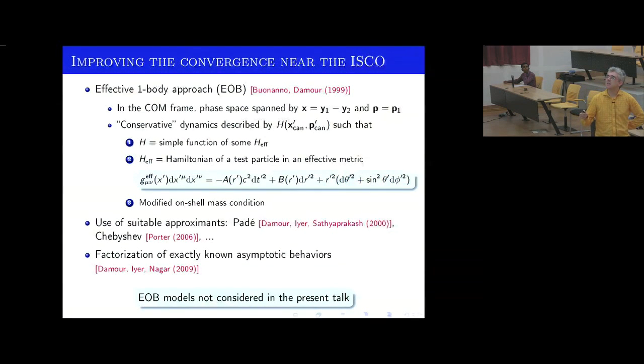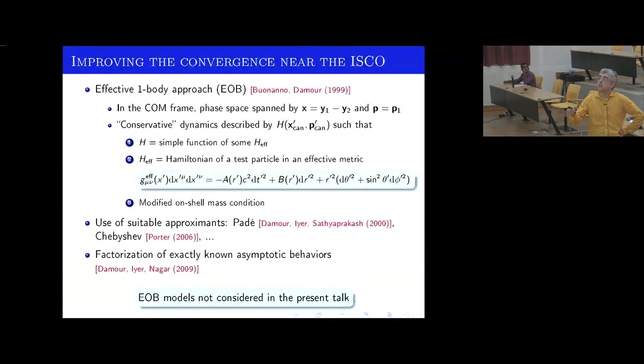So the idea is that in the center of mass frame, we can use only the relative position and one of the momenta to describe the dynamics. So it's effectively as having one body, but then the dynamics in an appropriate coordinate system in the phase space is described by some very convenient Hamiltonian.